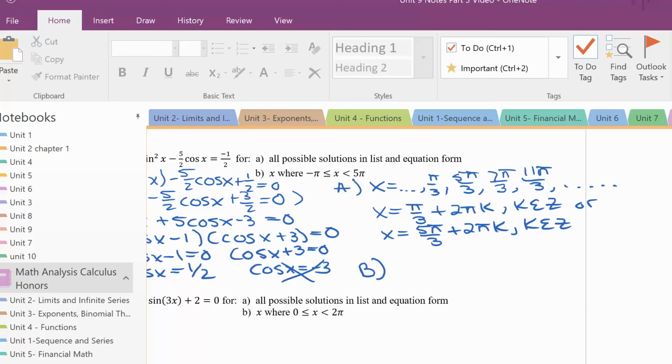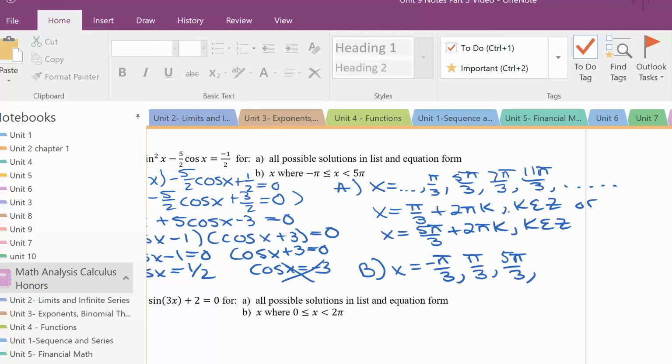But here, if I put negative 1 in, I get negative 6 pi over 3 plus 5 pi over 3, so it's equal to negative pi over 3. And then if I put 0 in here, I get pi over 3 and 5 pi over 3.